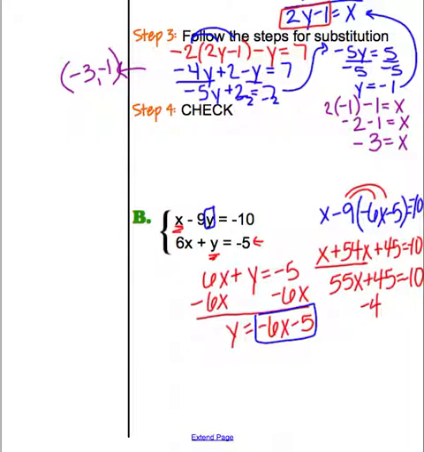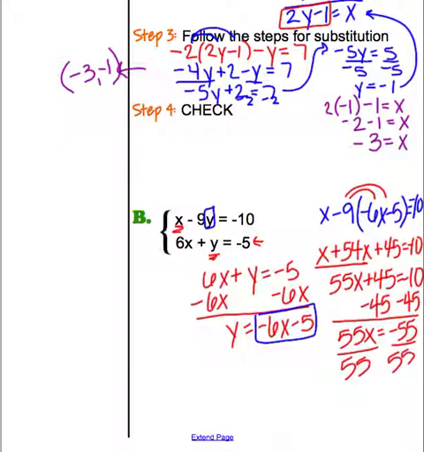Subtract 45 on both sides, which gives me 55x equal to negative 55. Divide both sides by 55. I bet you thought we were going to get a big answer, giving me x is equal to negative 1.